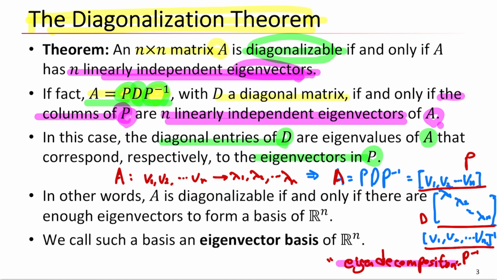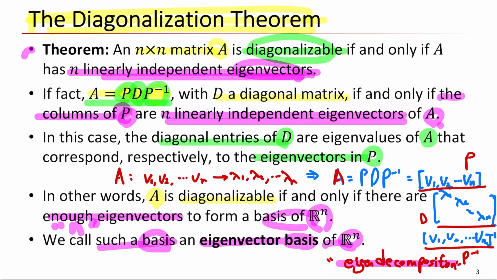Okay, so this is the diagonalization theorem. In other words, matrix A is diagonalizable if and only if there are enough eigenvectors to form a basis of the Rn space. So in this case, the n eigenvectors, right? We call such a basis an eigenvector basis of the Rn space, right?